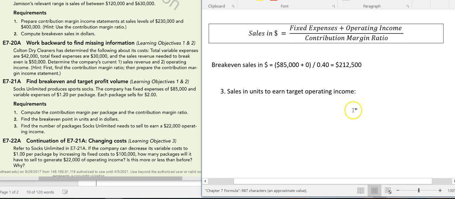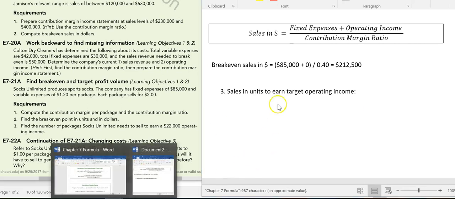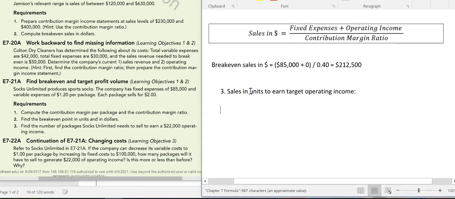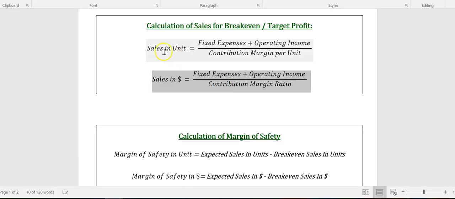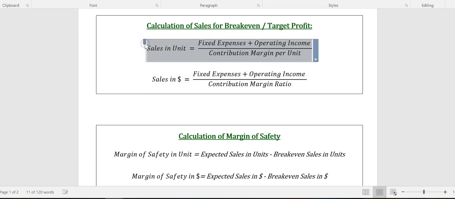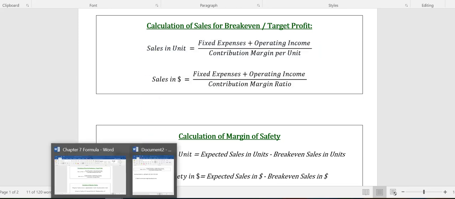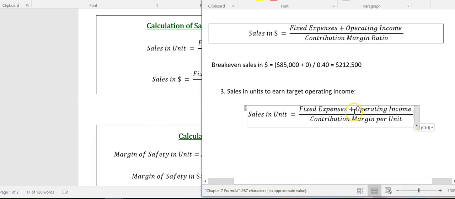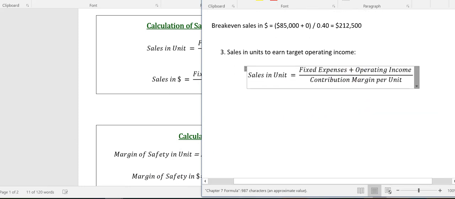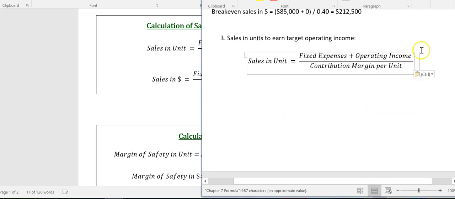And it's actually the same formula, right? Remember, it's unit, so we want to calculate it in units. So we will take the unit formula, which is here. So I'm just copying and pasting the formula. Sales in unit for a certain target profit. What we need to do, we need to plug in the numbers, right?